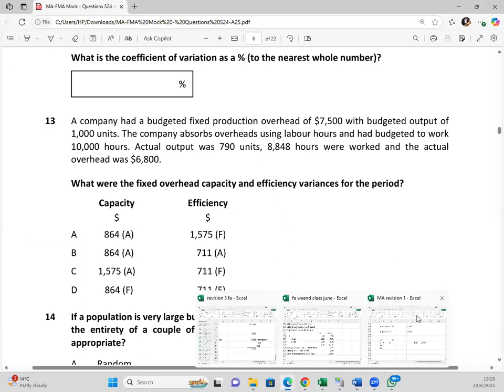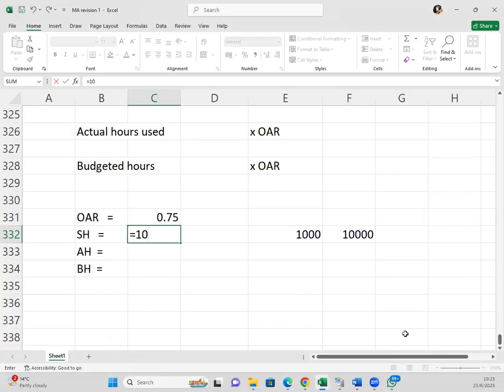So if the 10 hours was per unit, what about those 790? What would have been my budget? You are now flexing the budget to say, I had planned to use 10 hours per unit, but I ended up producing 790 units. So what would have been my plan for those units?